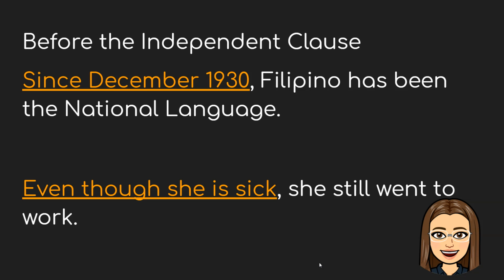For our example number 2, our dependent clause is even though she is sick, and our independent clause is she still went to work. And also, whenever you put the subordinating conjunction before the independent clause, make sure to put a comma after your dependent clause.